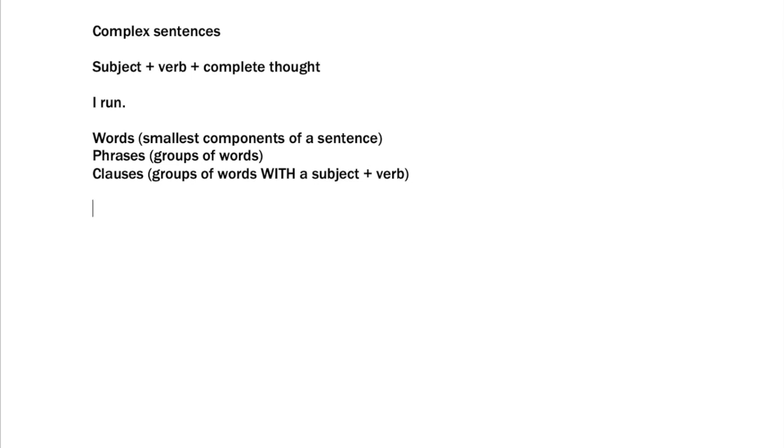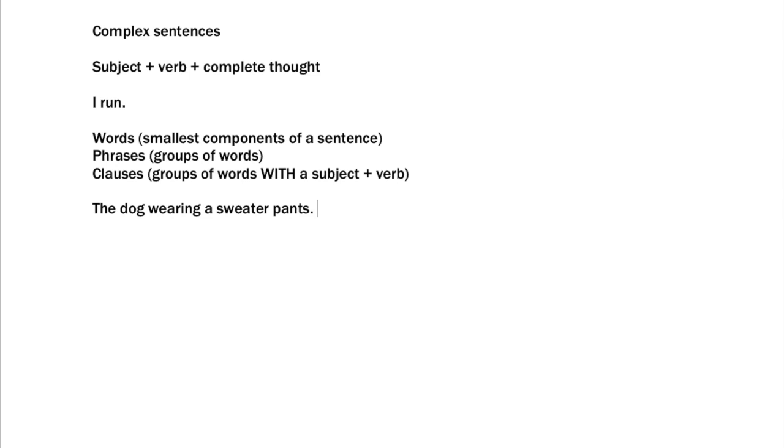So if I wanted to build what is considered a simple sentence, but it still has phrases in it, I could include a noun phrase that's the subject. So the dog wearing a sweater, and then I have a verb, and I could just say pants.